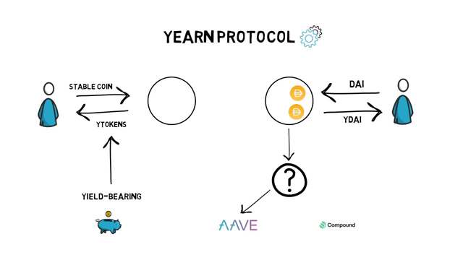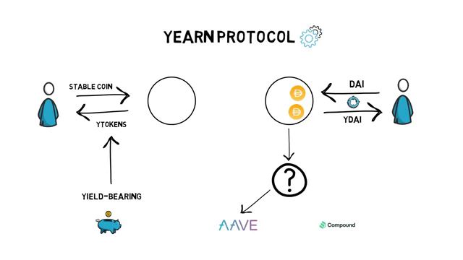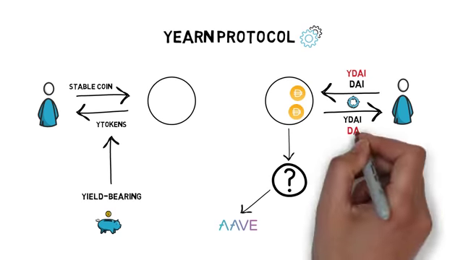The protocol checks if there is a better yield available at the time a user deposits or withdraws money from the pool, triggering a rebalance of the pool if necessary. If a user wants to withdraw their initial DAI plus accrued interest, they can redeem their yDAI and receive the underlying DAI.